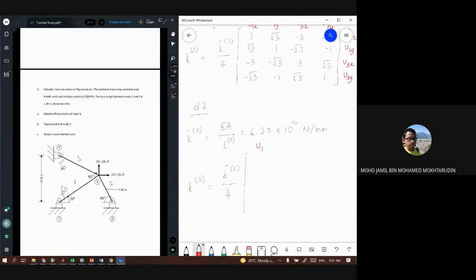Okay, so this matrix represent for node number 2 and node number 3.